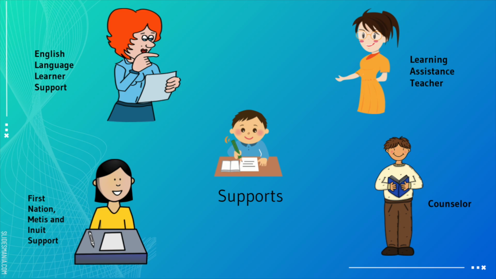And you have enough for a full-time learning assistance teacher and a full-time counselor, and you have enough for 2 First Nations Métis Inuit support workers. So that is also identified at the school level, and then the school assigns those to staff members within their building. And so those staff members take care of those supports.